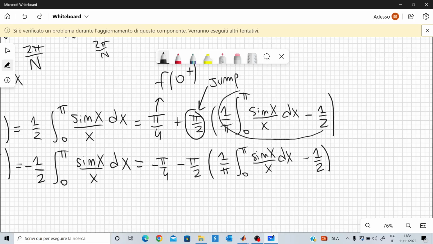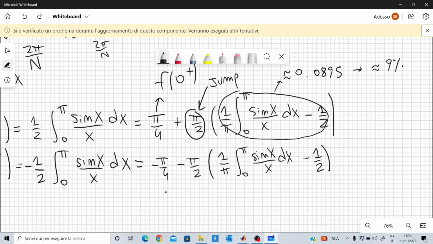This number is approximately equal to 0.0895. So basically, in the limit, it is 9% of the jump, right? Because we have the jump multiplied by this percentage here, 9% of the jump.